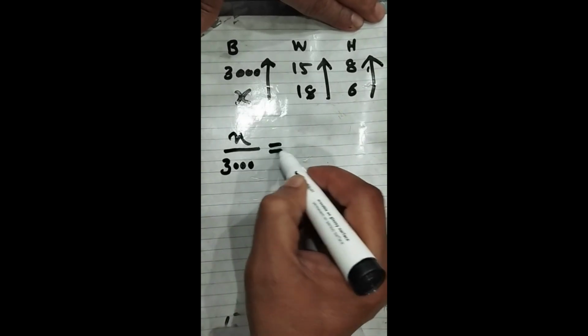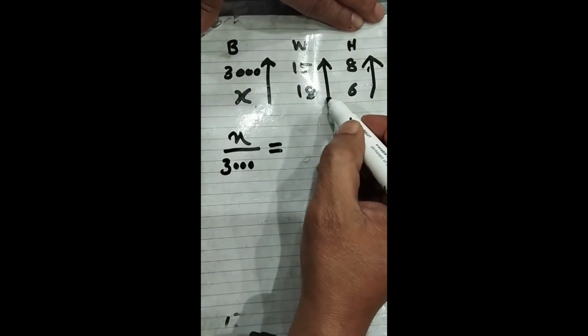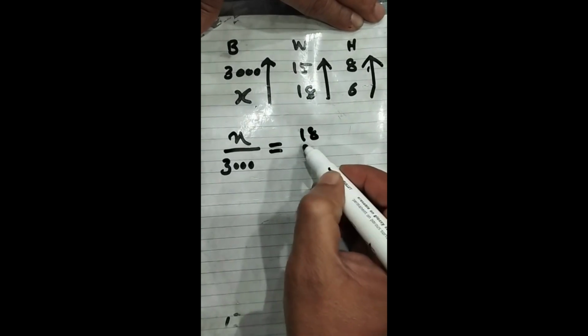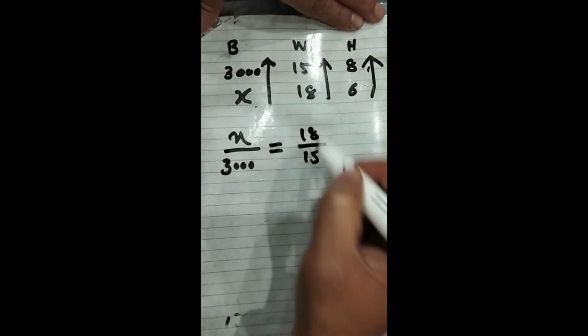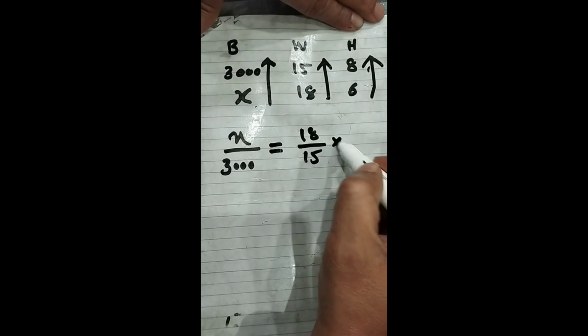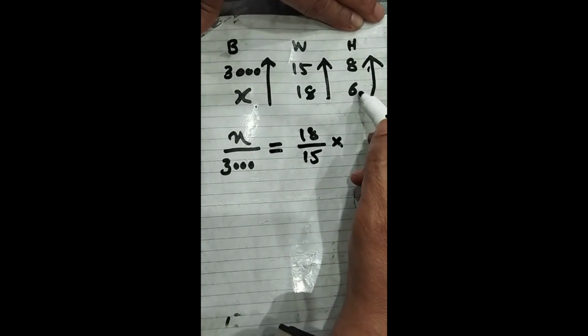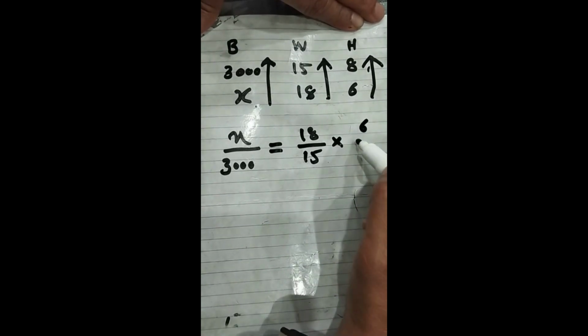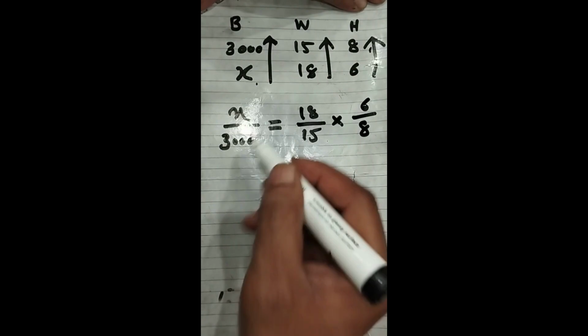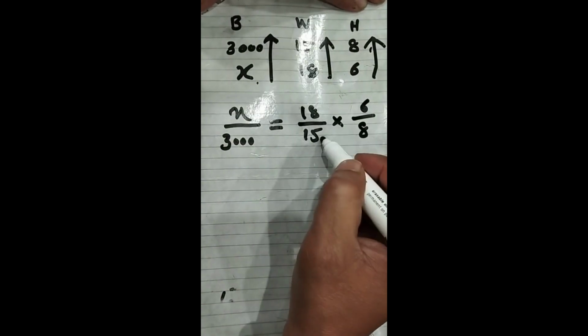Then we put an equal sign, and here 18 is near the tail, 18 up, and 15 near the head, down, and we put a multiplication sign. Then here 6 is near the tail, 6 up, and 8 near the head, we put 8 below.